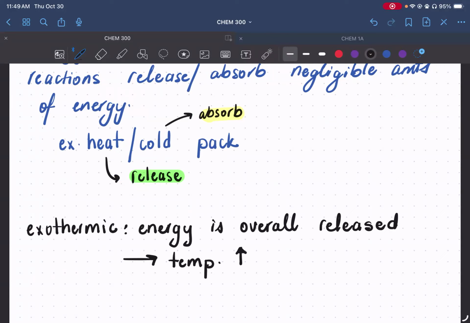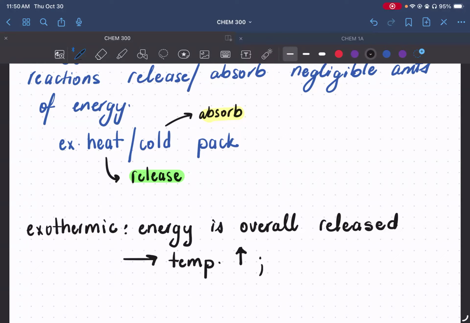Now, remember, if these changes are negligible, sometimes they can be incredibly easy to notice, such as a bomb or a hot pack. Sometimes you may not notice it to the naked eye. For example, if the temperature of a reaction is only increased by 1 degree, it's unlikely that you'd have noticed the 1 degree change, but it may overall increase no matter what.